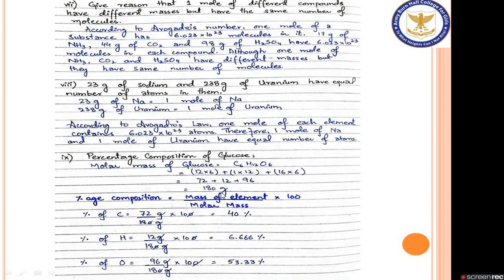We have 3 different elements in glucose: carbon, hydrogen and oxygen. We have to separately calculate the percentages of these 3 elements. The percentage of carbon is 40%, hydrogen is 6.66%, while oxygen is 53.33%.